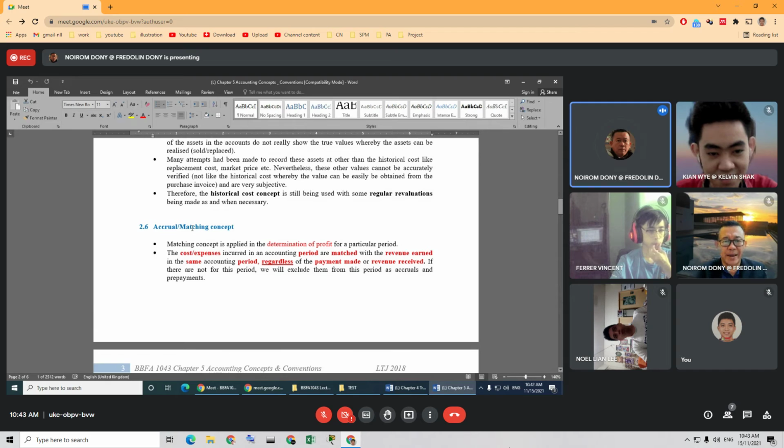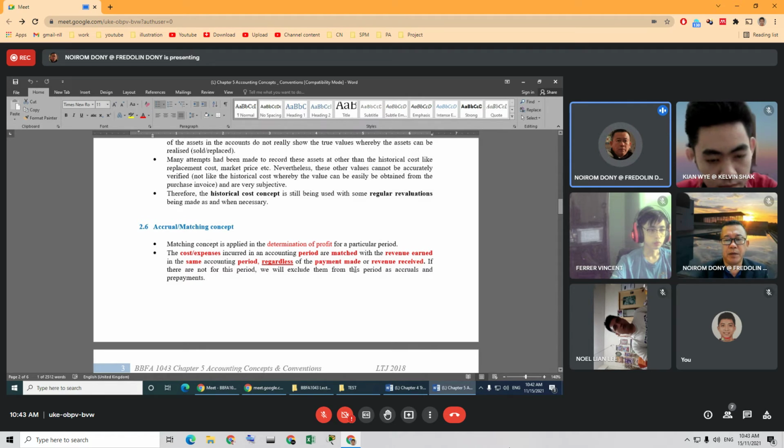Matching means we match revenue against the expenses to determine the profit. The expenses incurred in the accounting period are matched with the revenue earned in the same accounting period. So that is the matching concept.